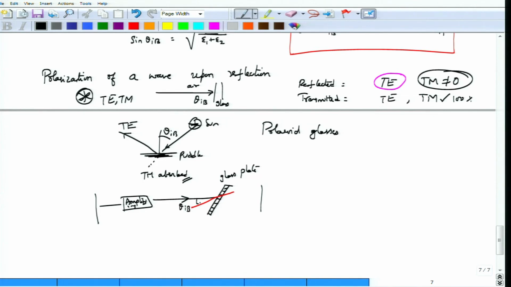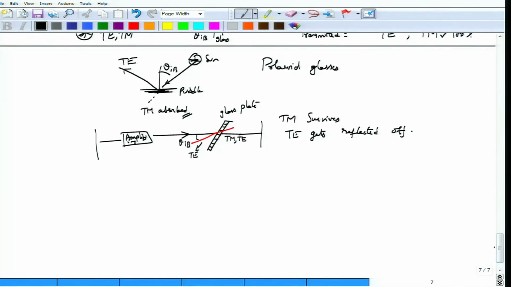When this is at the Brewster angle, the light that is getting reflected will be entirely TE, and the light that is passing through will be TM plus some amount of TE. So there is some reflection of TE, and over the round trip propagation many times, back and forth, only TM survives and the TE wave gets reflected off, thereby giving you a single polarization of the laser light.